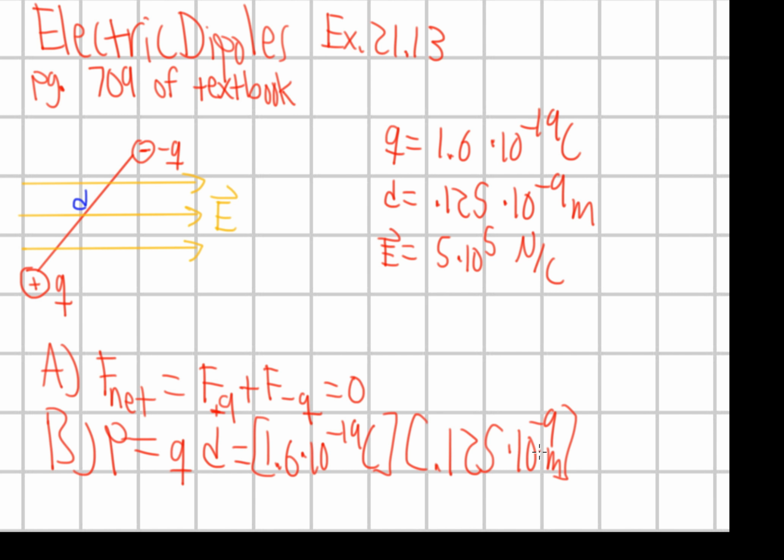And we're going to end up with 2 times 10 to the negative 29 coulomb meters.